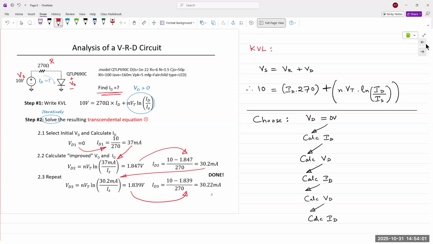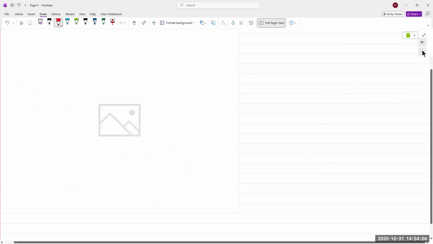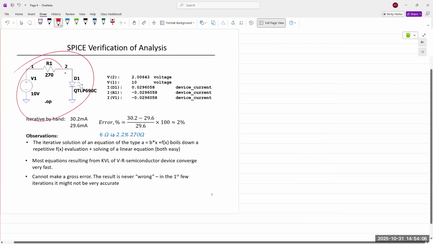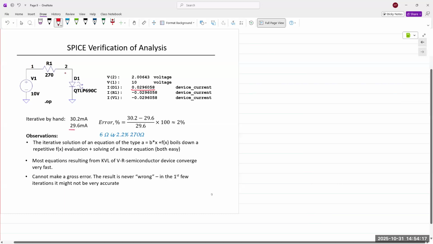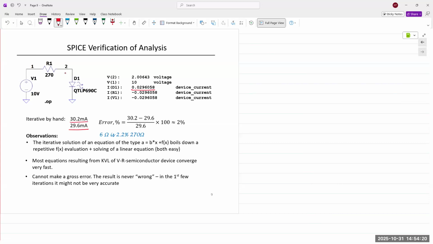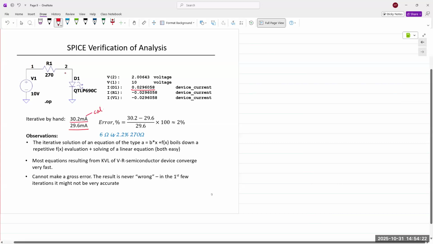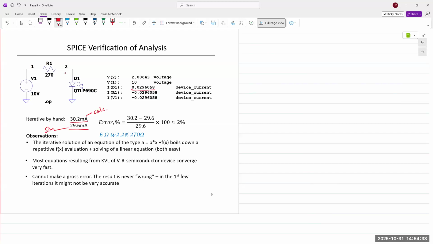Okay, final slide, which is the LTspice simulation of the same circuit. We run the simulation, and we obtain a diode current of 29.6 milliamps, which is not quite what we calculated. We calculated 30.2, and this is simulated. So 29.6 is the simulation, 30.2 is the calculated value.